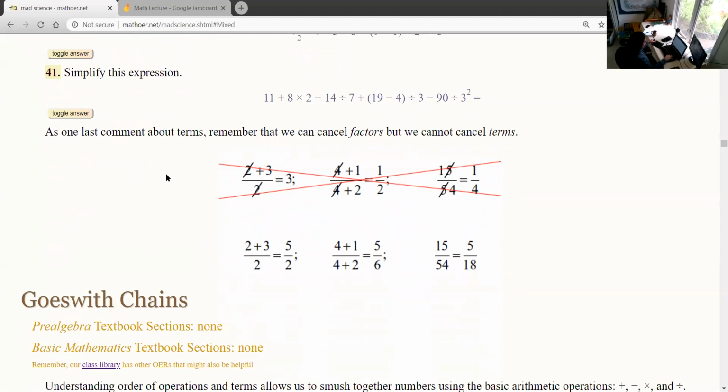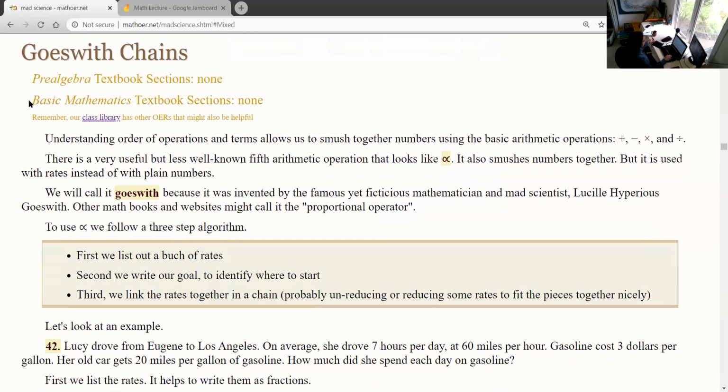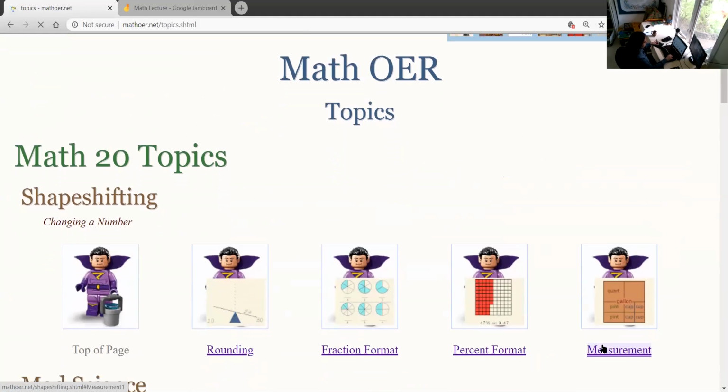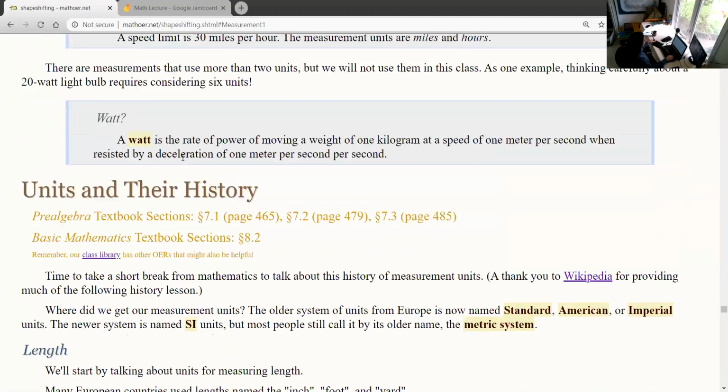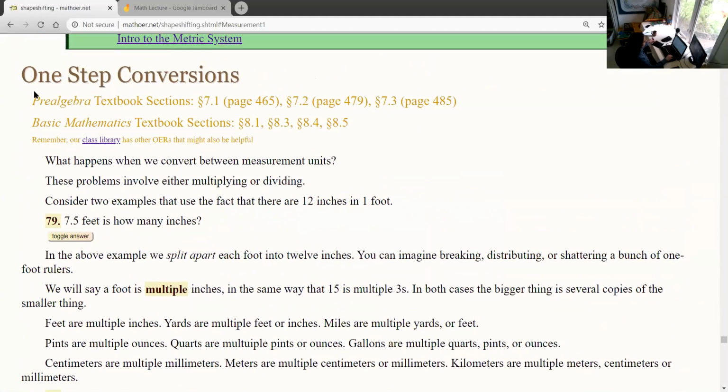Okay, now I'm going to do something that is not in the textbook, but I've noticed teaching Math 20 before that this is a good thing to do, even though it will soon become obsolete. If you remember when we talked about measurement at the very end of shapeshifting, then we had the history part, and then we had the one-step conversions.